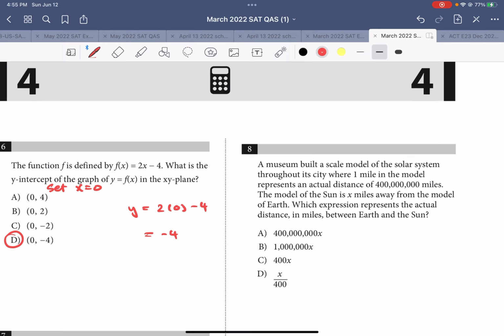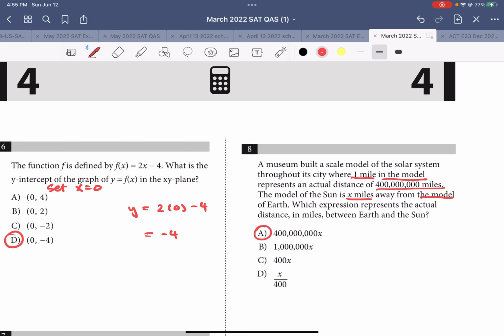So if it's x miles away in the model, and 1 mile in the model represents 400 million miles, then 400 million times x will be the answer.